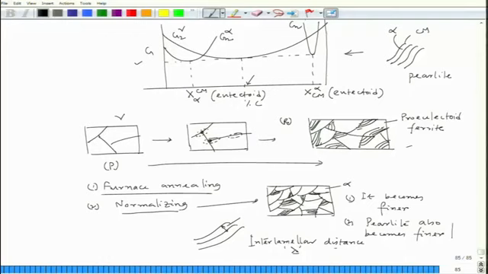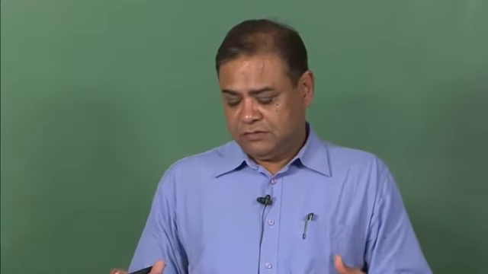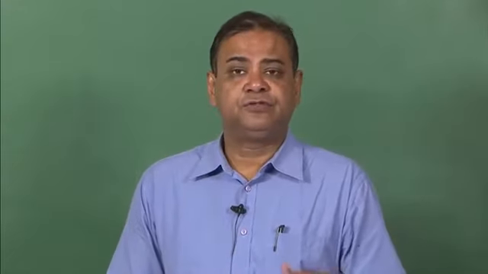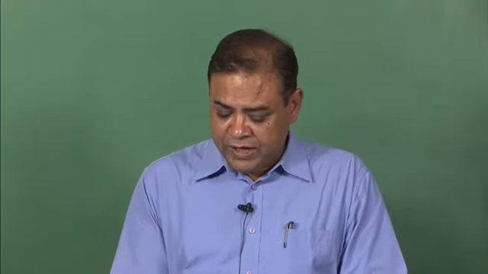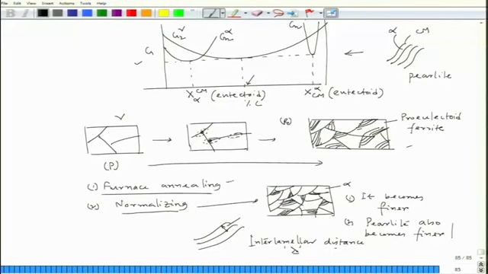At the same time, I am also getting a finer structure, that means finer pearlite. So, what would happen to the hardness of it? The hardness would definitely increase. So, here the hardness would be, furnace annealing will be the softest, then I will get normalizing, little harder.